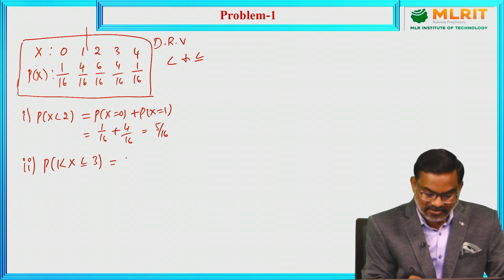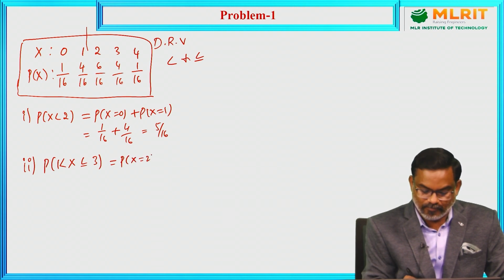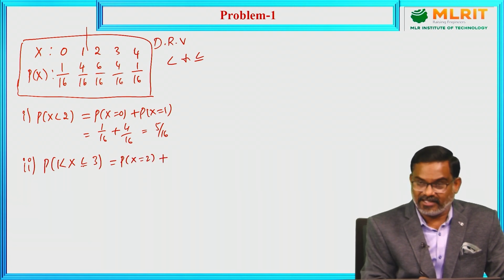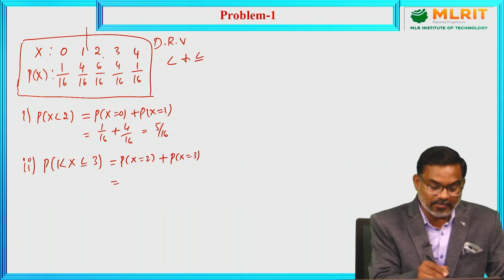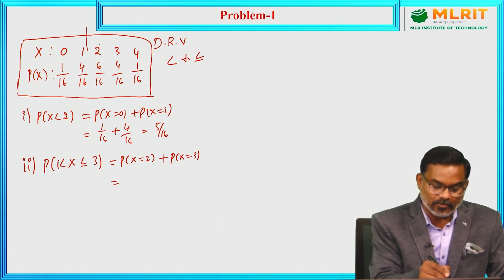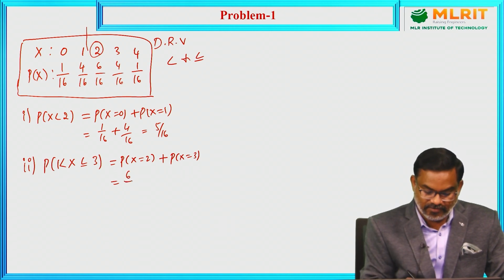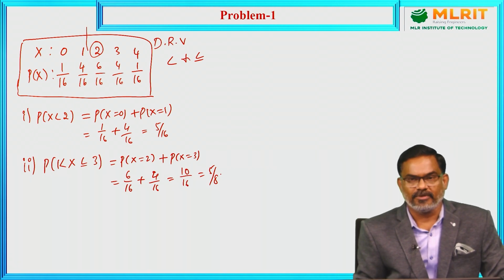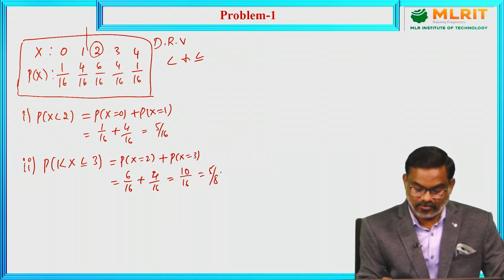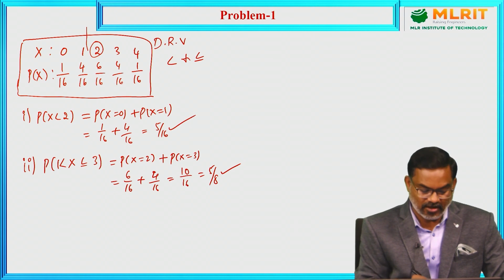Strictly less than, so it starts from 2, plus here we have equality, so the probability of X equal to 3 also. 2 plus 3. And what is the probability of X equal to 2? 6 by 16 plus X equal to 3, 4 by 16, which is 10 by 16, 5 by 8, 0.625. Using a calculator, you can find this numerical answer also.